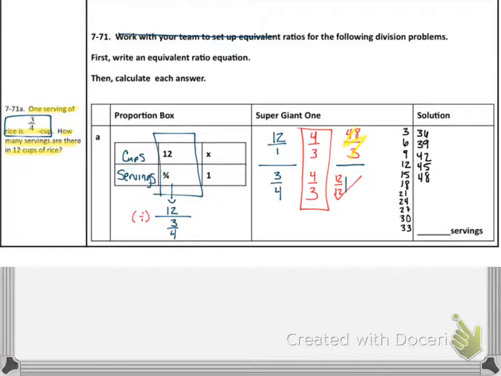So it's going to be equal groups: 1, 2, 3, 4, 5, 6, 7, 8, 9, 10, 11, 12, 13, 14, 15, 16. 16 servings will be our solution.